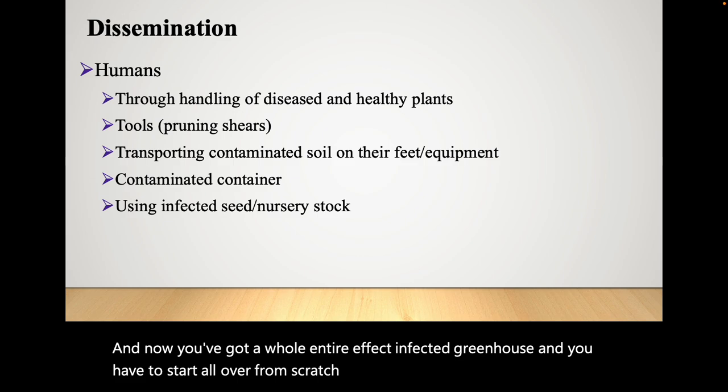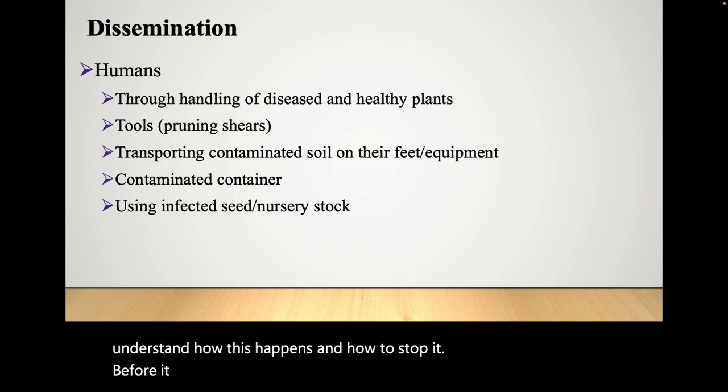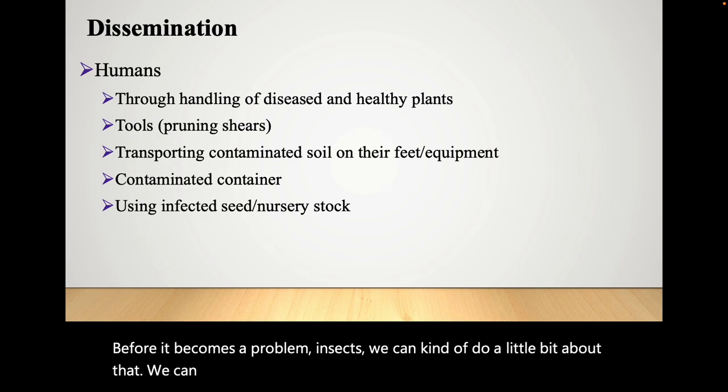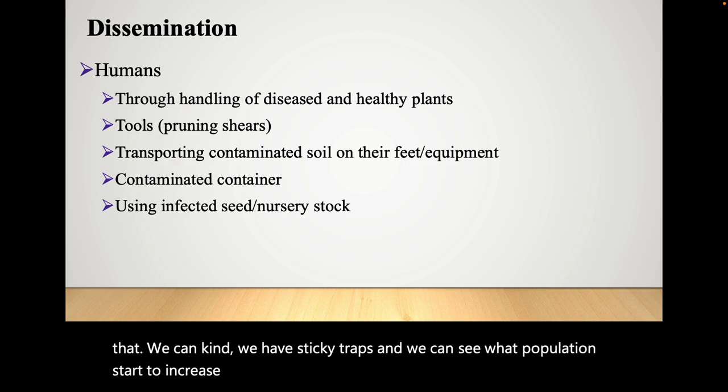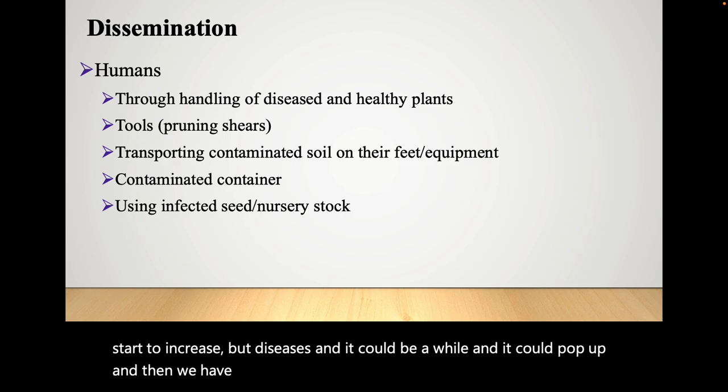So to finish all this up, it's important to understand how this happens and how to stop it before it becomes a problem. Insects, we can do a little bit about that. We have sticky traps and we can see when populations start to increase. But diseases, man, it could pop up, and then we have some turfgrass diseases, like turf and vegetable pythium.